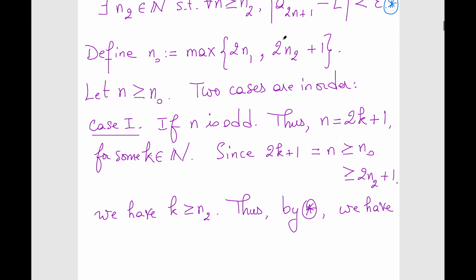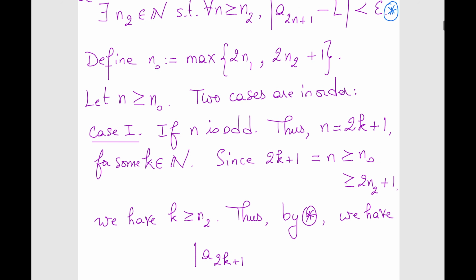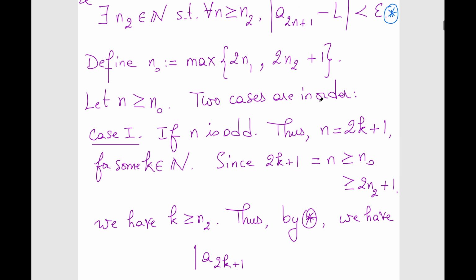So that's going to be a sub 2k plus 1, like this. So 2k plus 1, right? I'm copying from here. Minus L is less than epsilon. Do you agree with me? And what's that 2k plus 1 again?